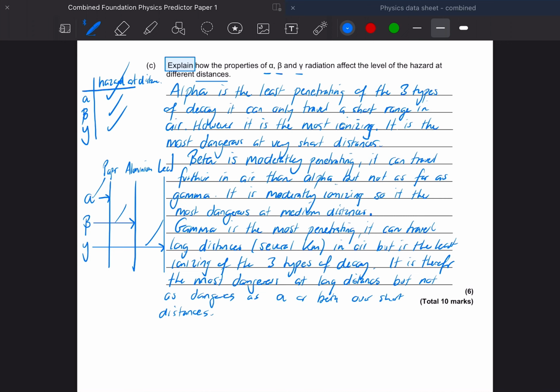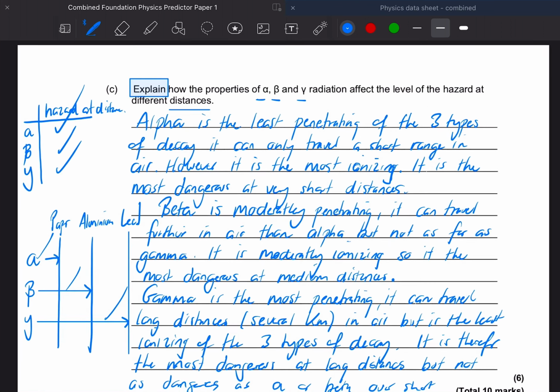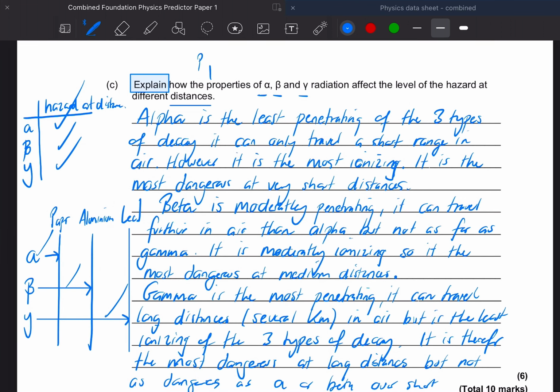Does that answer this? Explain how the properties of alpha, beta, and gamma. So the properties we talked about: penetrating and ionizing. And they're the only properties you're meant to know. Affect the level of hazard, so how dangerous they are. So we say it's the most dangerous at short distances.